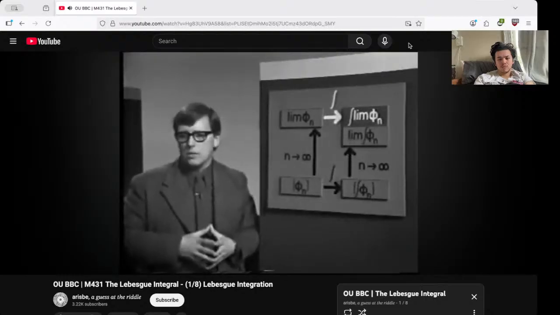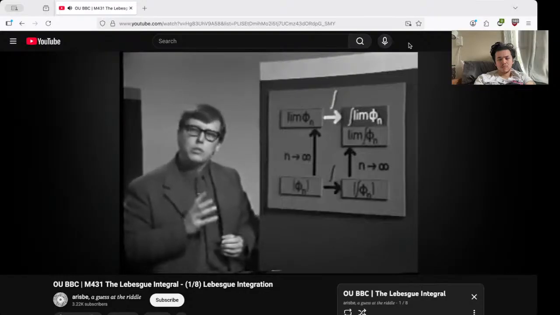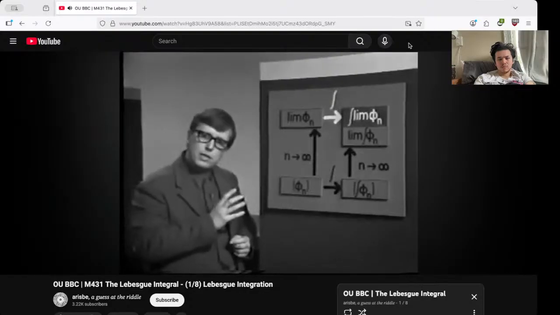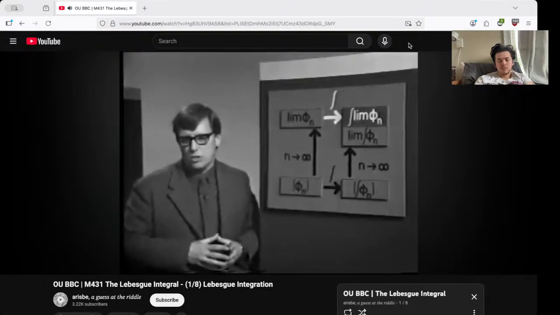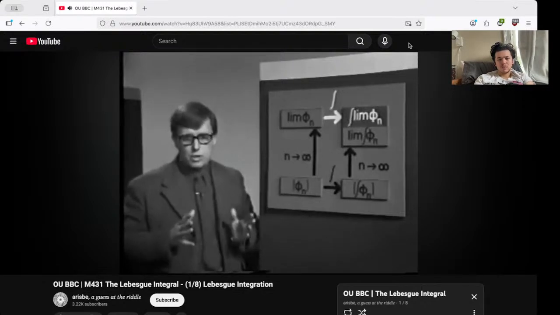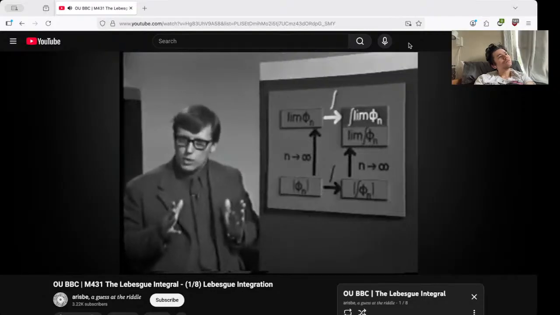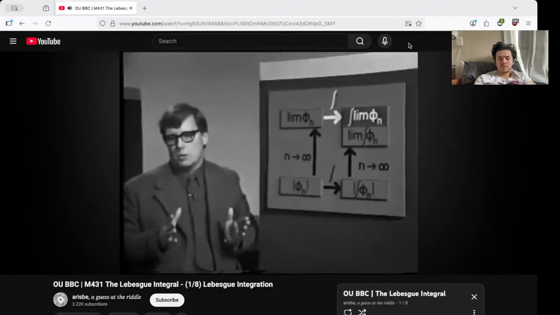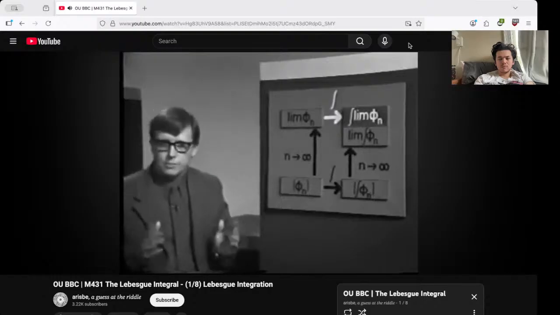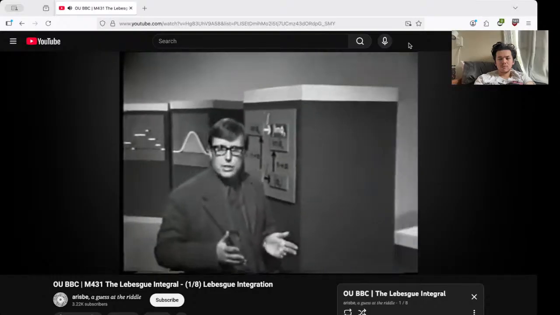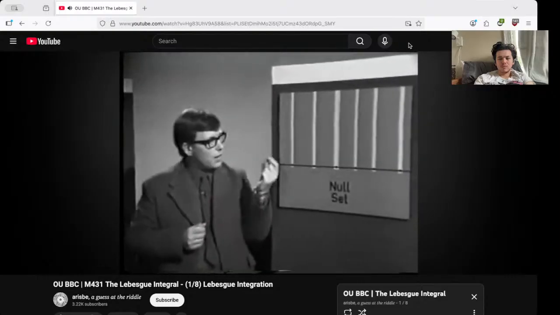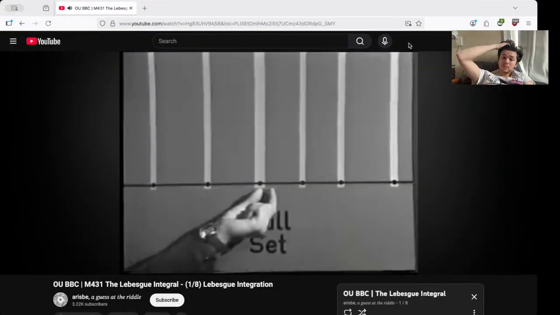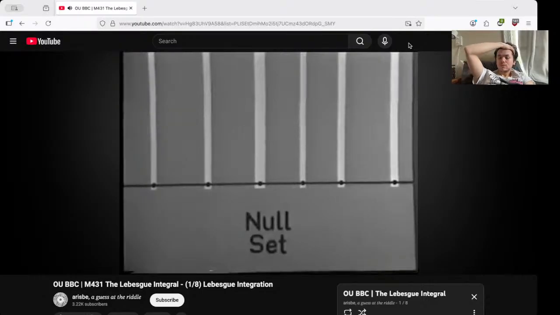Well, as it turns out, that's not a disastrous thing to do, because we can say something rather precise about the set of points at which such a sequence does not converge. It's a very small set, and we can say precisely what we mean by a small set. It's what we call a null set. Now, a null set is going to be a set of points in the real line for which we can cover each of the points by some little finite interval.